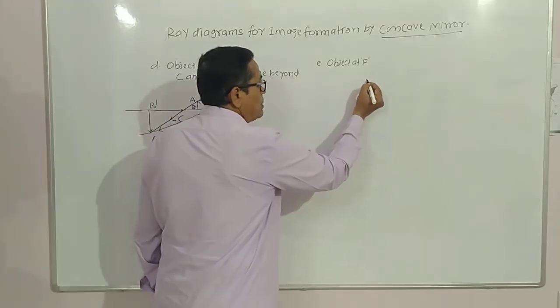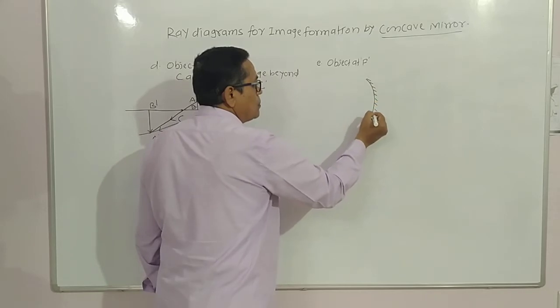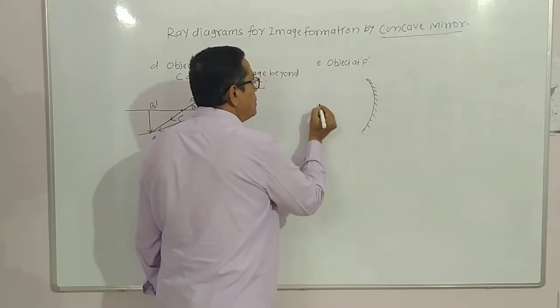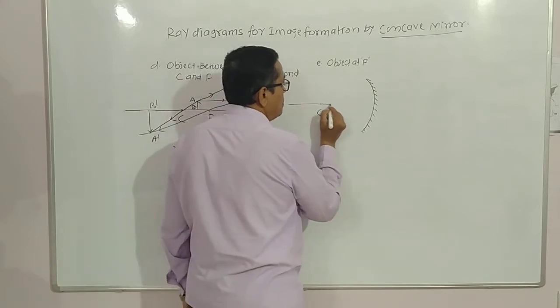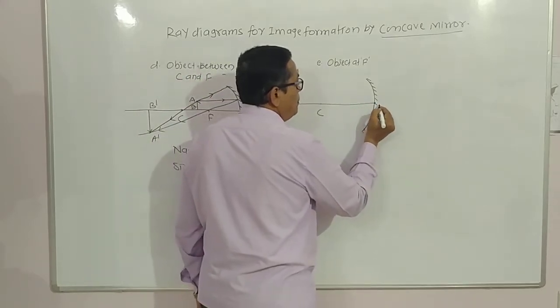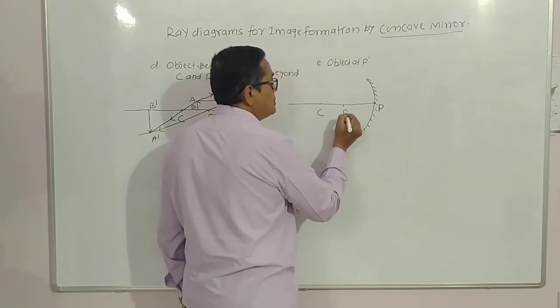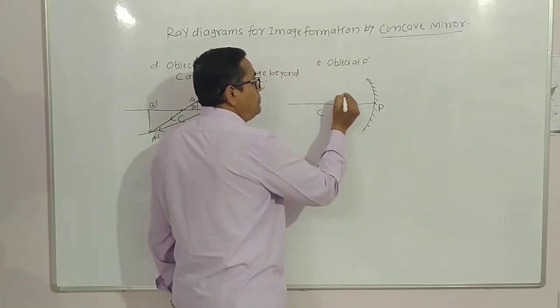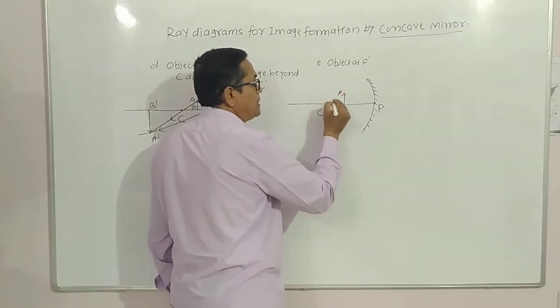Here concave mirror, center of curvature. Here pole of the mirror, and here focus. Here object at focus. Look here, AB is the object.